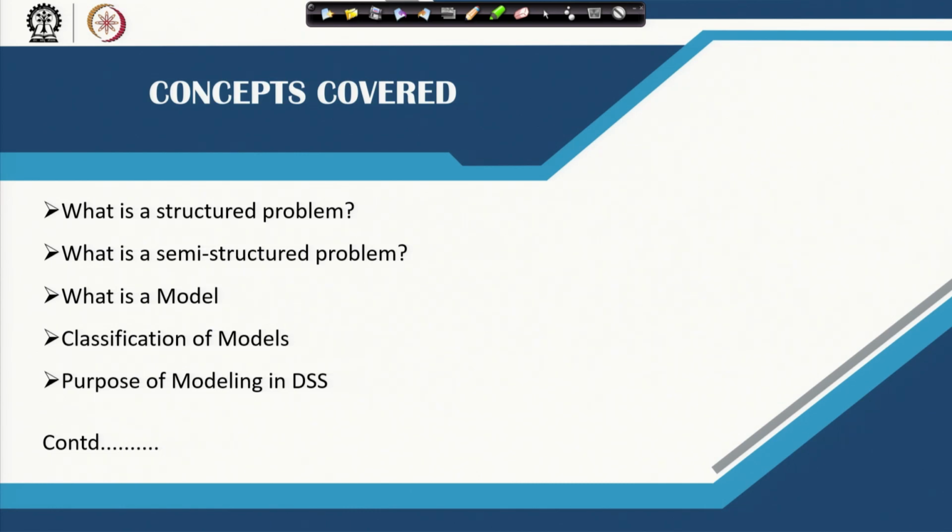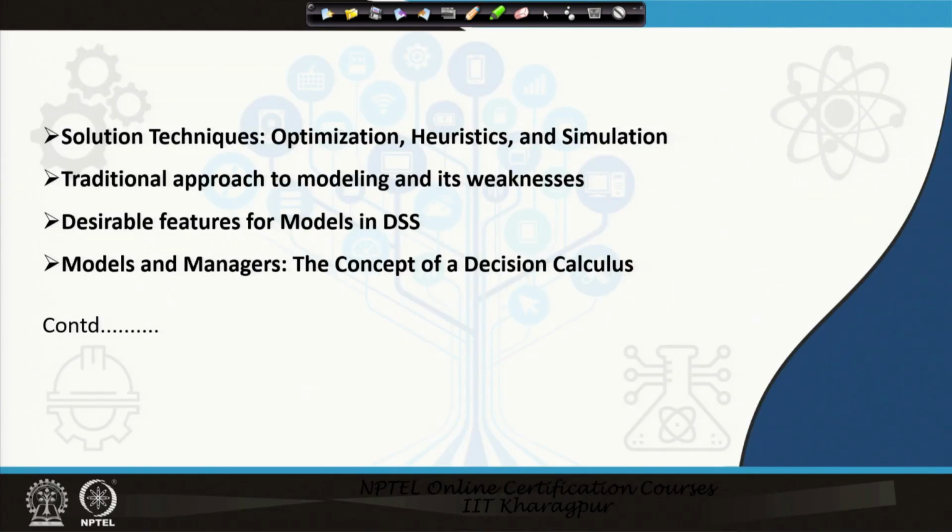Semi-structured, we can do it partially, and the balance is left to ingenuity, and newer models can come in. A model is a mathematical expression of real life situations, and we can replicate them in real life. Classification of models includes choice model, sorting model, ranking model, etc. The purpose of modeling is basically to enable us to take timely decisions.